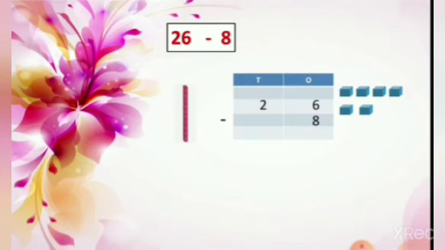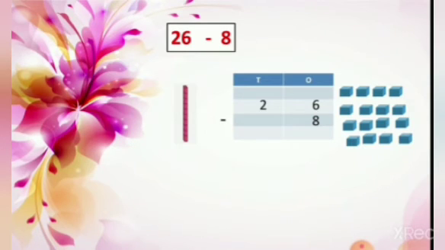So 1, 2. We need to take one of these tens for 10 ones. So let us take one away from here. Now we will add in the ones column. 1, 2, 3, 4, 5, 6, 7, 8, 9, 10.